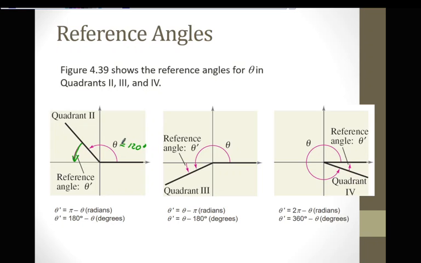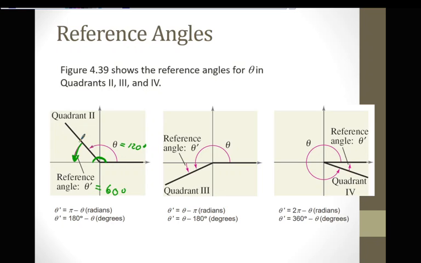And if this is 120 degrees, and this whole thing, if you remember, is 180 degrees, that means our reference angle is 60 degrees. Okay? So basically, when you find your reference angle, it's the angle measure telling you how far your terminal side is from the x-axis.